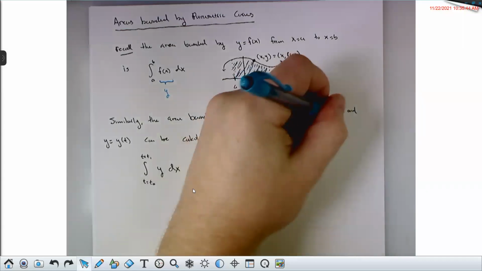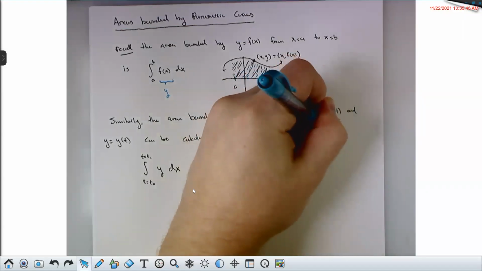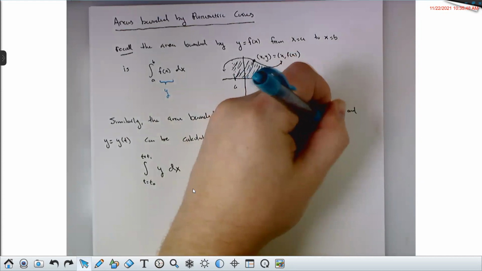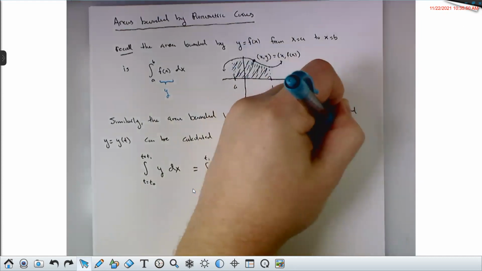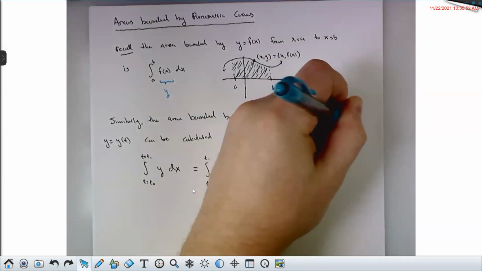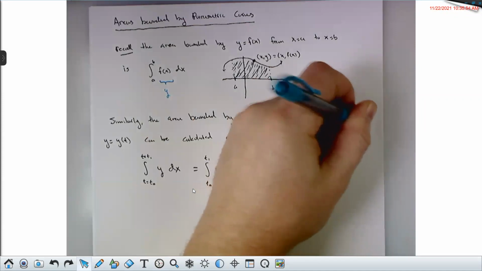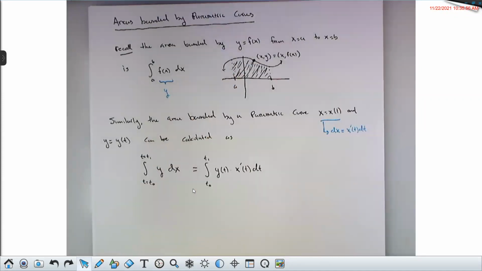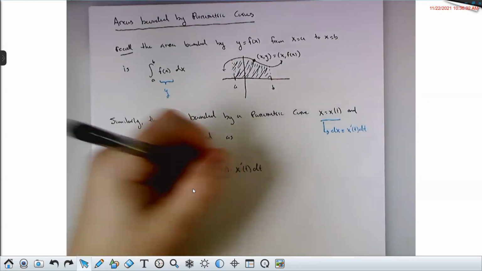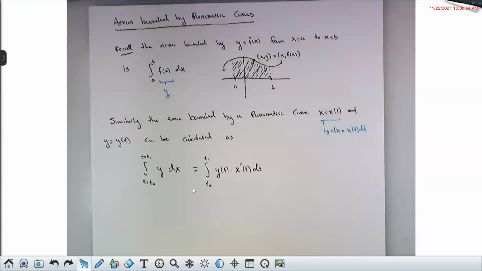Because if x is x of t, this means that dx, just like you're calculating differentials for u sub, is x prime of t dt. In fact, this is u sub. It's a cleverly disguised version of u sub. I won't go into those details. But I'll tell you, this is what you integrate. It's a little height times a little width. Right? That's it.